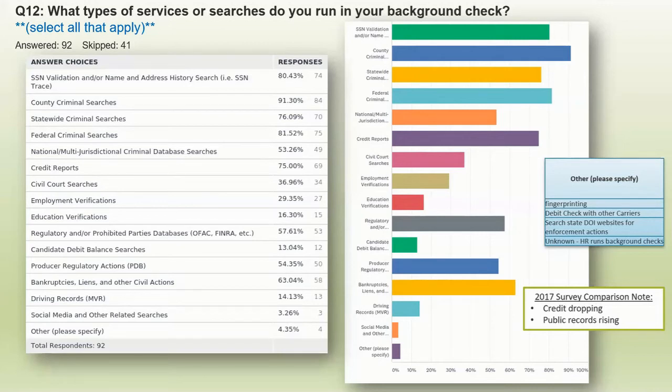I think, in my experience, that usually ties to a fundamental misunderstanding within some organizations, where they think anything that's going to come back on a national crim or a county could also be found in the federals, or vice versa. I do want to again reinforce with anyone listening to this webinar today that a county search is a completely different source search than a federal criminal court search.